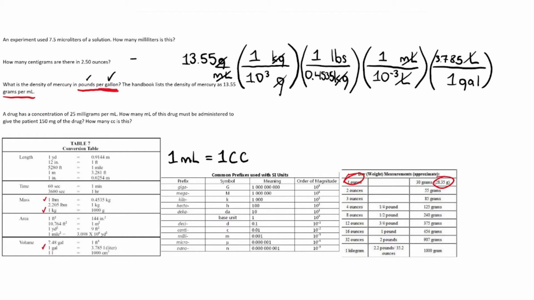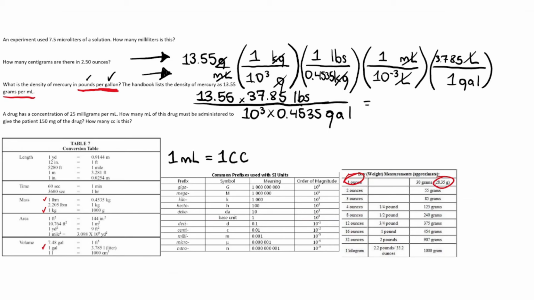Now we have to multiply across the numerator and the denominator, and that's going to look like this: 13.55 times 37.85, and that's going to be pounds on the top, and then divide that by 10 to the third times 0.4535, and that's going to be gallons on the bottom.